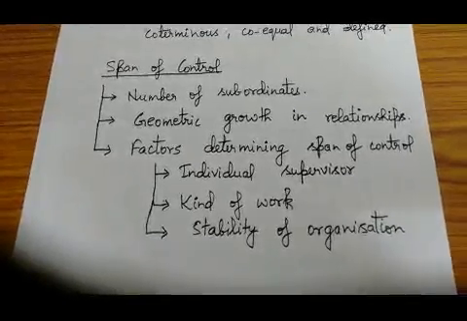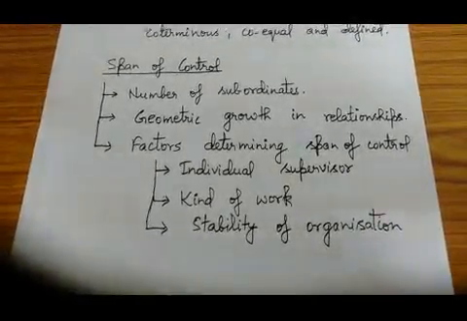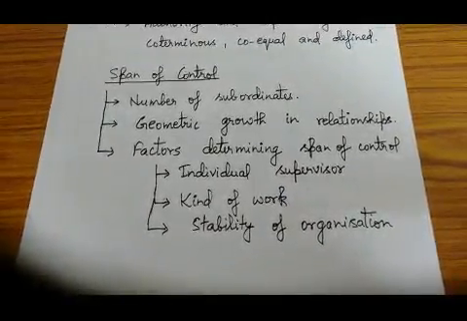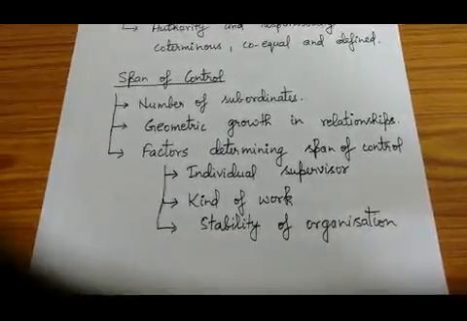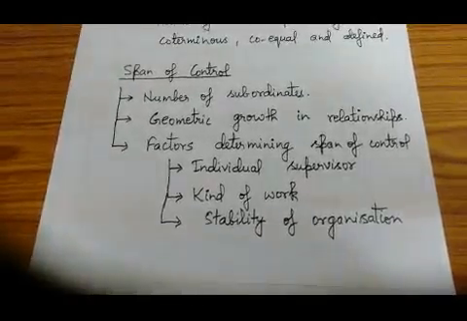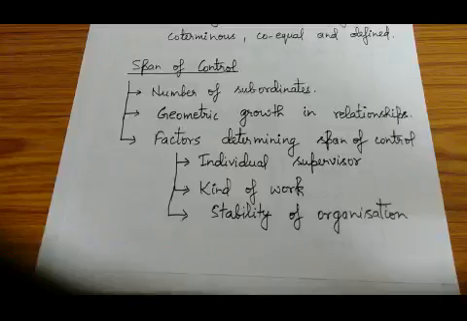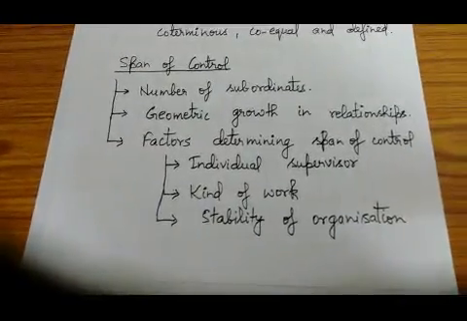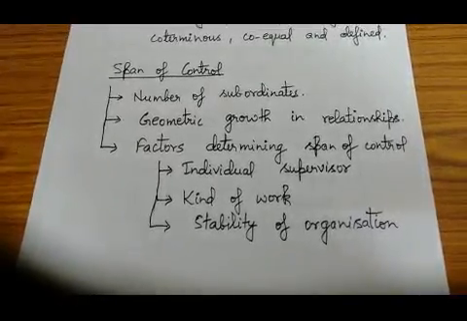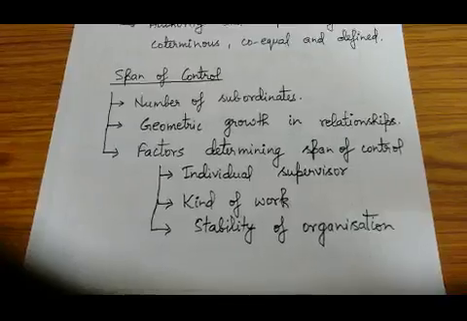Then factors determining span of control. First of all, the individual supervisor, meaning the boss. It depends on how much work you can actually do. Maybe I am a lazy person, so I can only take care of 3 people, but you are very active, you are FW Taylor who is hell-bent on working, so you can control maybe 20 persons, who knows.